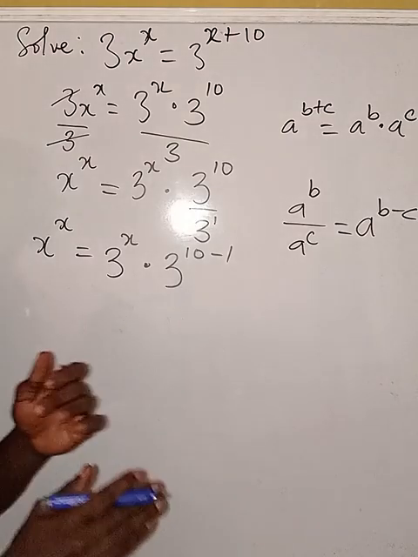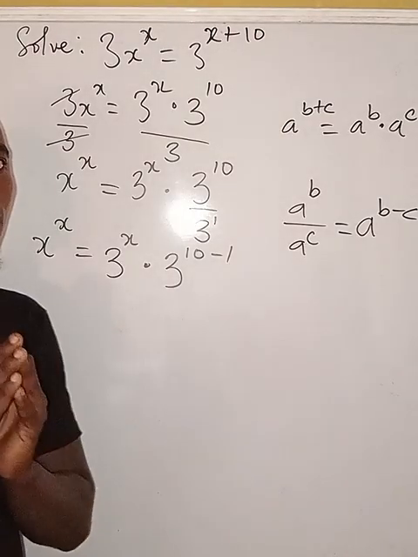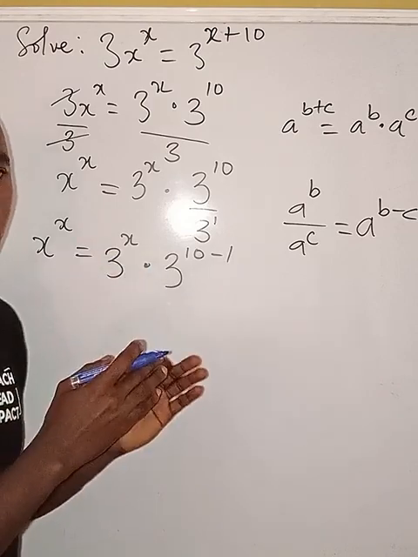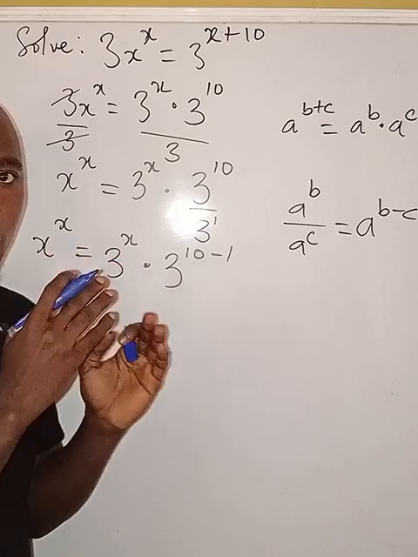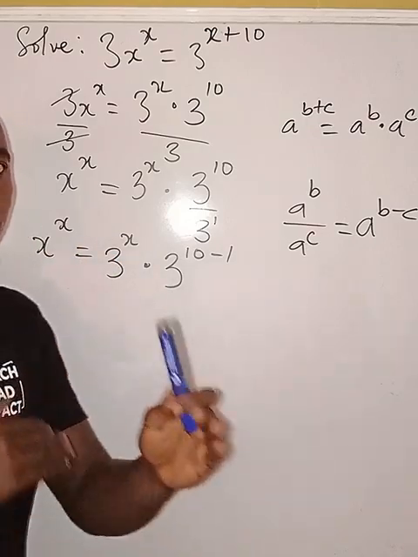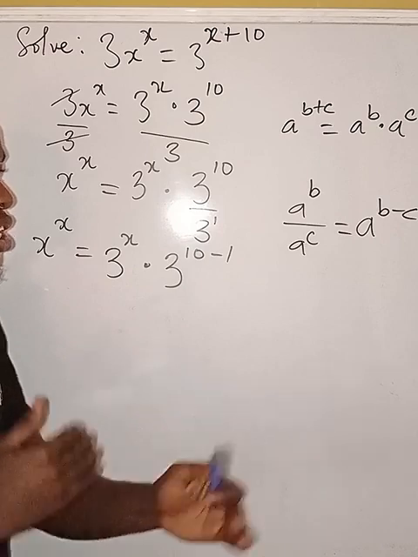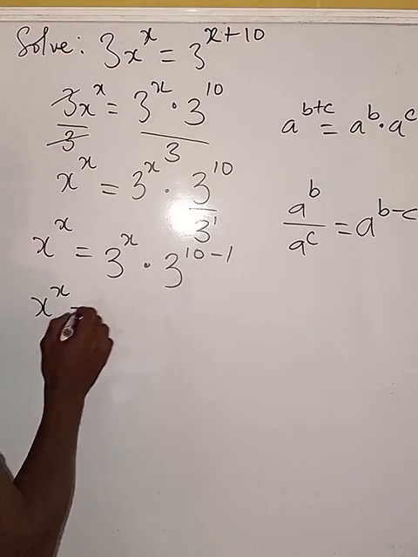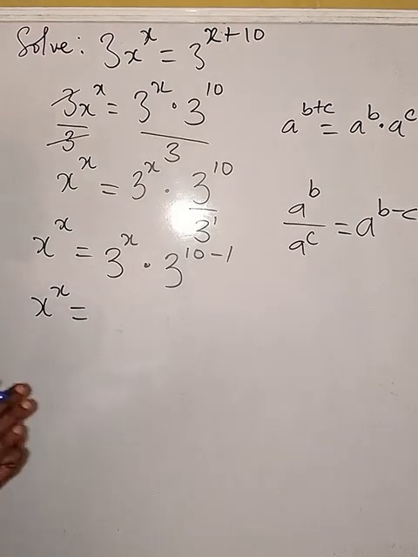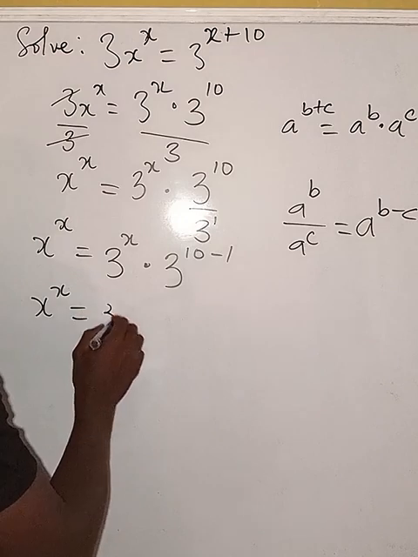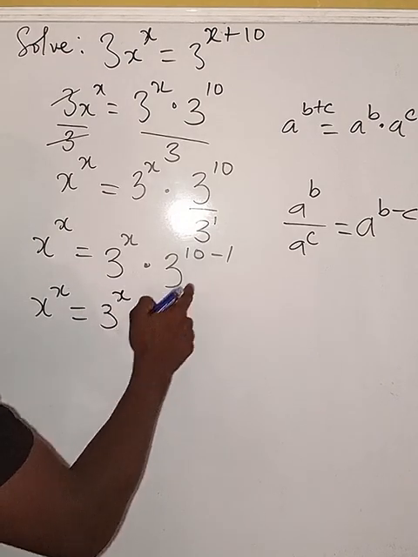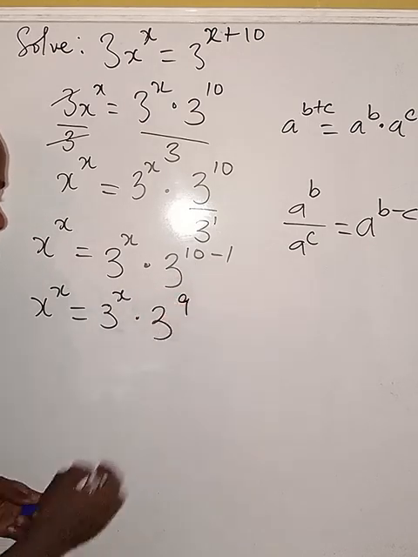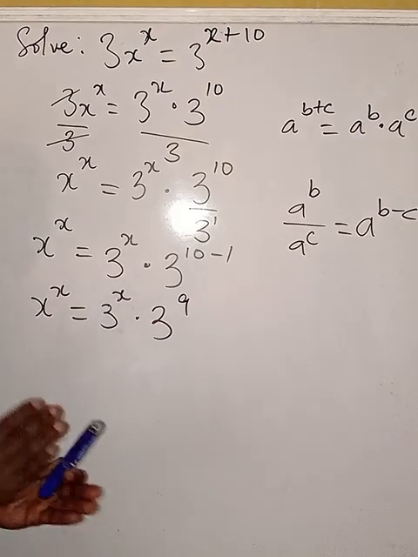I'm doing it step by step for those that are having difficulty solving this problem, especially exponential problems. So for those that are gurus, pardon me the way I'm doing it. We have 3 to the power of x multiplied by 3 to the power of 10 minus 1, that will give us 9. So I'm reducing it one after the other.